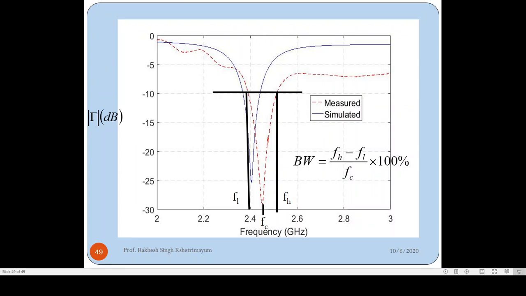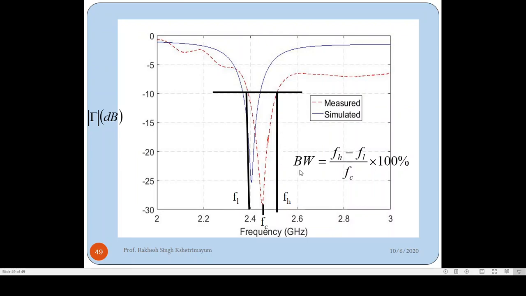When VSWR is equal to 2, gamma in dB will be around minus 10 dB. If you have a value of gamma less than minus 10 dB, you are within the operating bandwidth of the antenna. Let's look at this frequency here. The minus 10 dB frequency here we usually call F high, and the minus 10 dB frequency here will be F low. So this range from F low to F high is the bandwidth of the antenna.